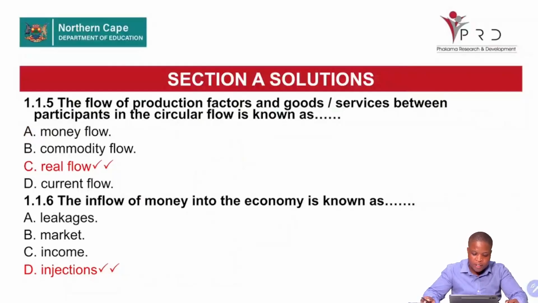The flow of production factors and goods and services between the participants. That is your real flow. Remember, the real flow has to do with the flow of factors and goods and services. Money flow is the flow of income and expenditure, and these two are wrong.